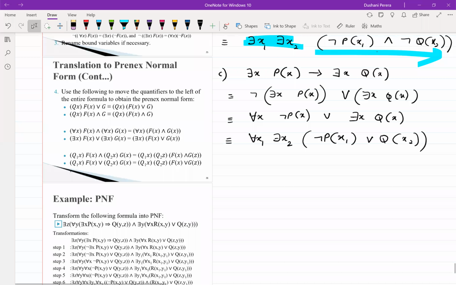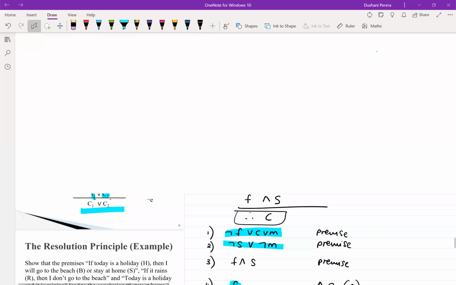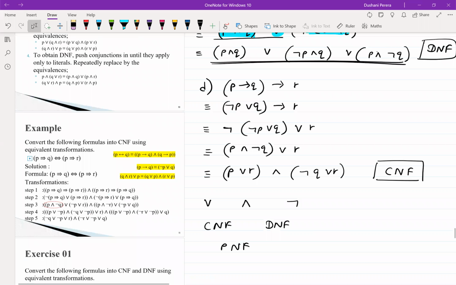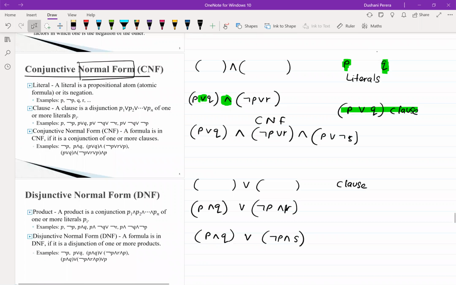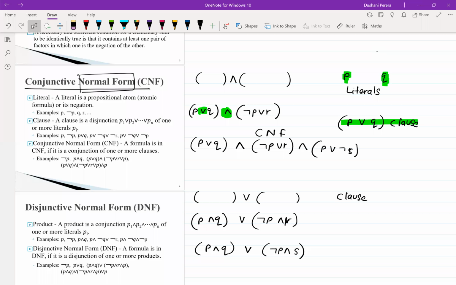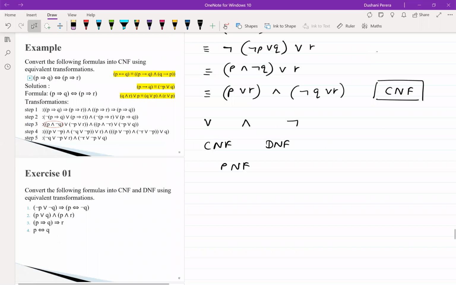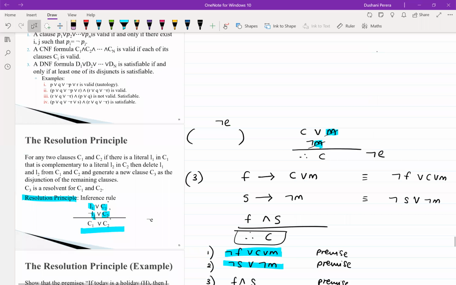So that is it for the discussion today. The main point was to discuss the normal forms, CNF, DNF, and finally the prenex normal form, and to identify that clauses which have at most one positive literal are called Horn formulas.